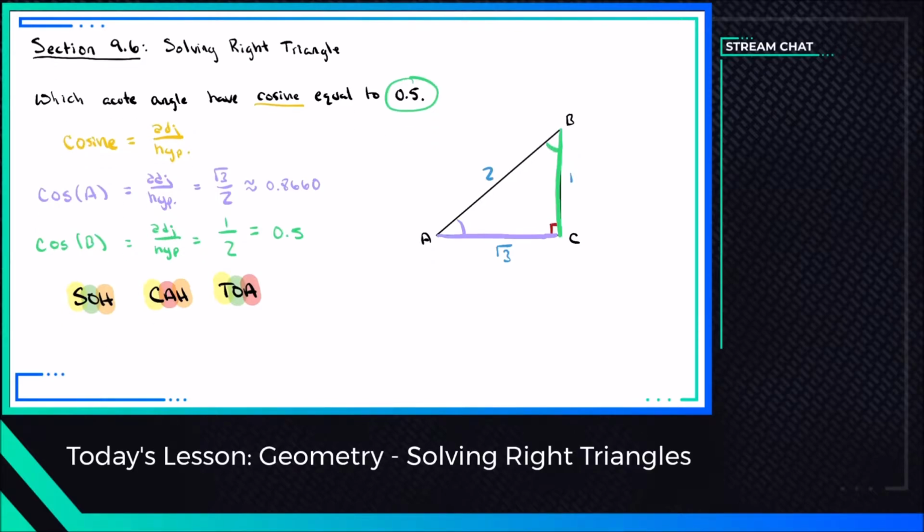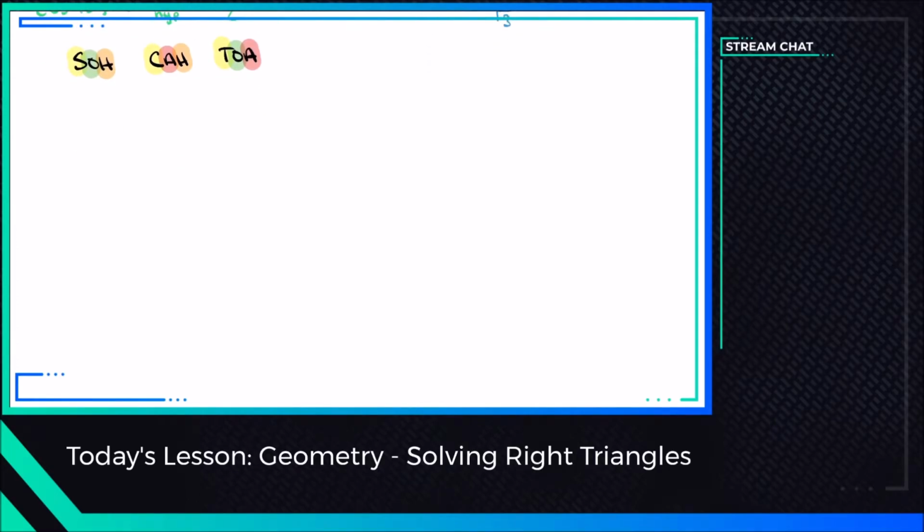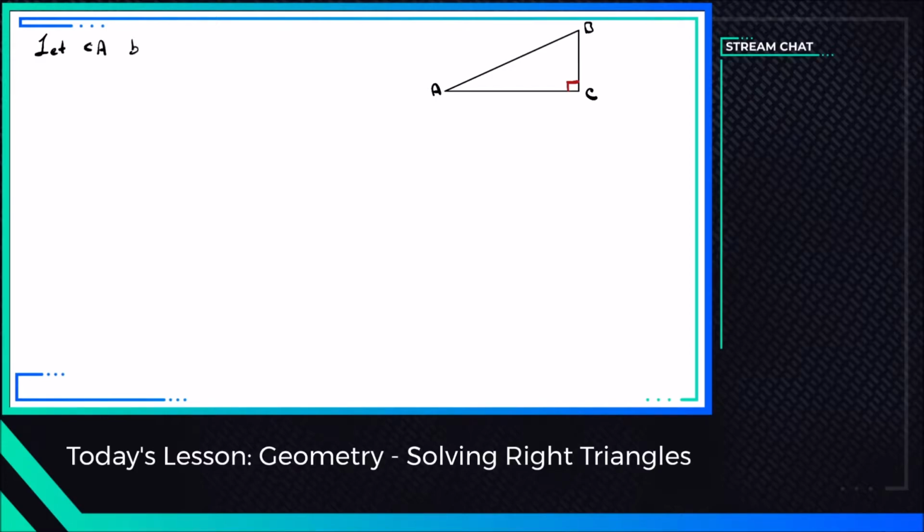So wouldn't it be nice if we were given some side lengths and able to find what the angle is equal to? So if we have this right triangle here, ABC, and we're going to say that angle C is our right angle, and we're going to let A, specifically angle A, be an acute angle.